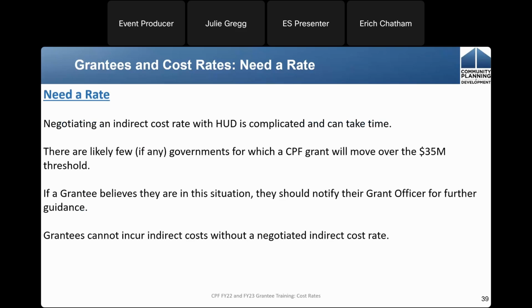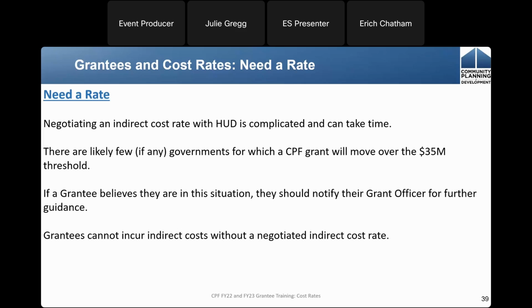Just a reminder, if you need a rate, negotiating an indirect cost rate with HUD is complicated and can take some time. You're likely to have to go through HHS first. There are likely few, if any, local governments for which the CPF grant will move you over the $35 million threshold. So likely not really applicable in the immediate situation.